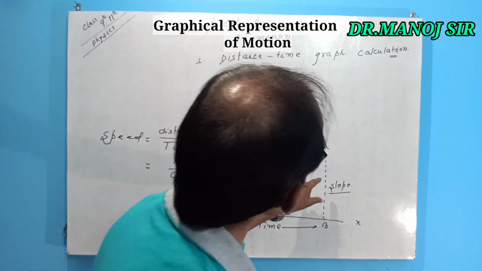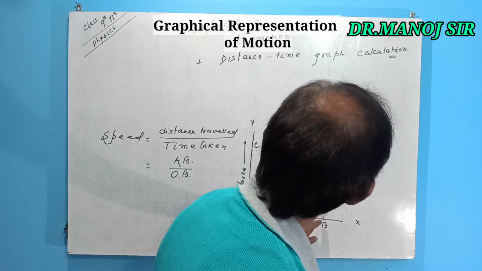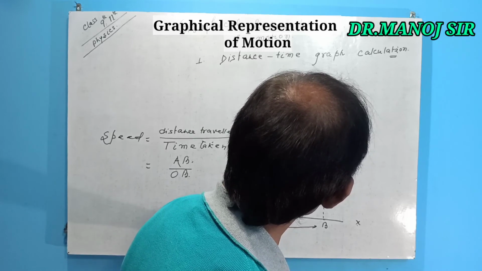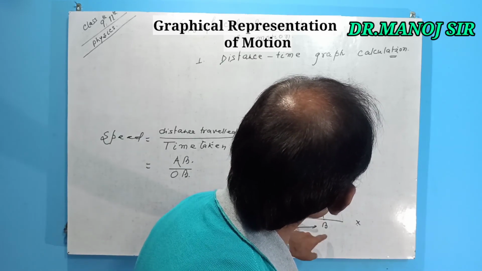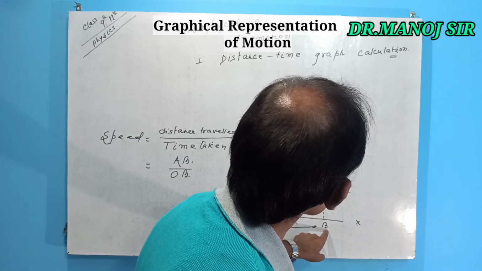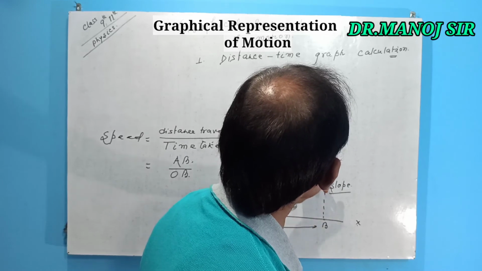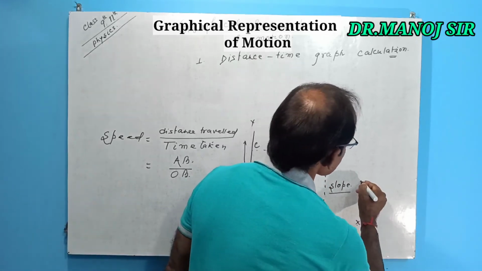The slope AB is the distance of the body that travels from O to A from a distance B on the x-axis, and AB is the slope that is called gradient.